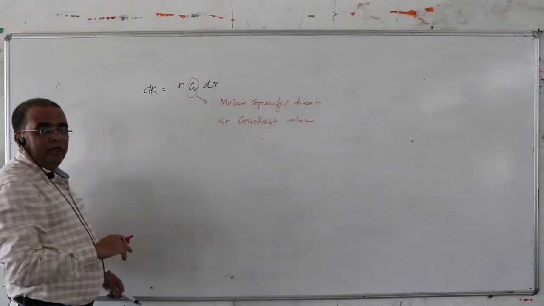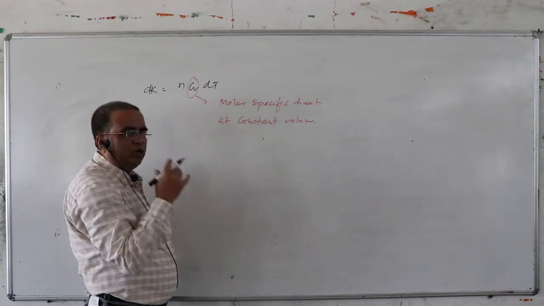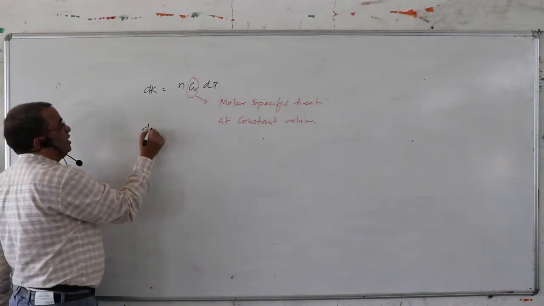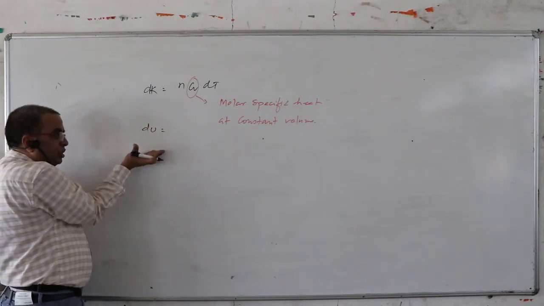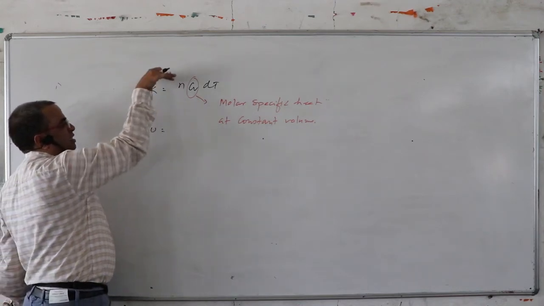And we have just seen that the internal energy of a gaseous system is nothing but its kinetic energy. Hence, any change in internal energy also means change in its kinetic energy.